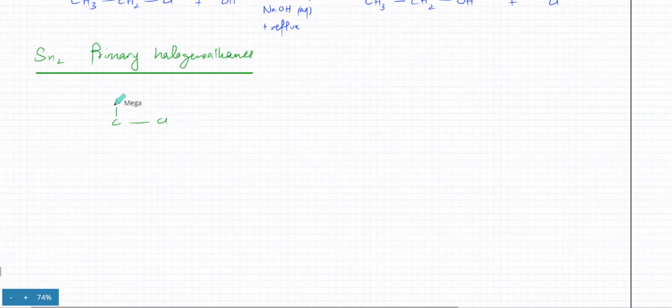The carbon would be bonded to two hydrogens and there's only going to be one carbon chain. So on one side there is a carbon chain. That's a primary halogenoalkane. The C-Cl bond is polar.